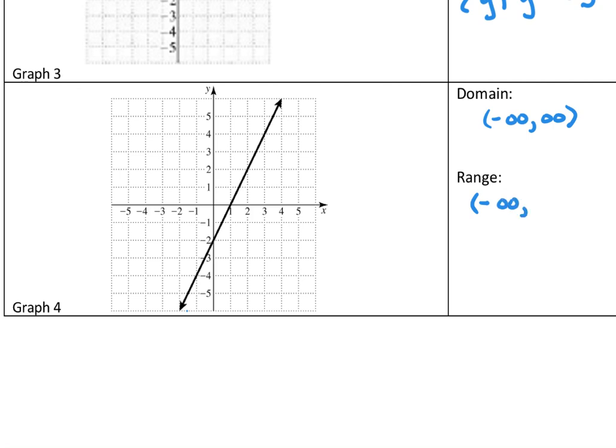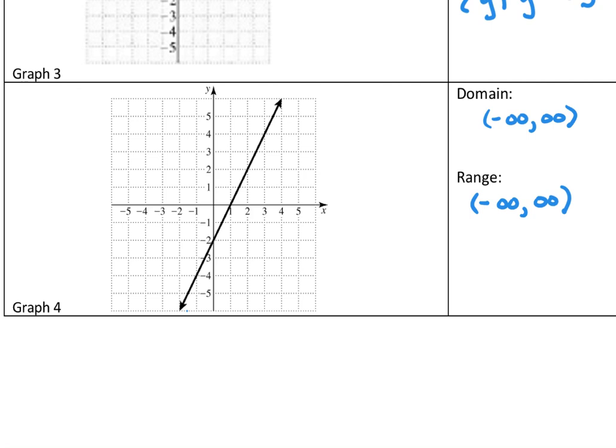And how far up does it go? Again, we have another arrow, which means that this goes towards positive infinity. If you want to write set notation for both of these, it's just all real numbers, or x is a real number and y is a real number, something to indicate that you can plug in any number.